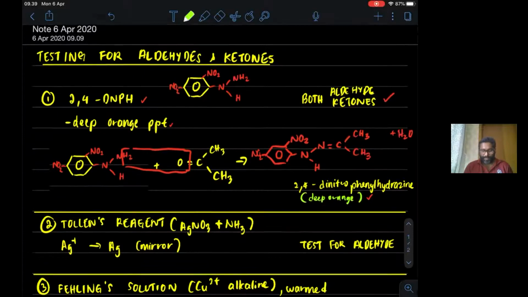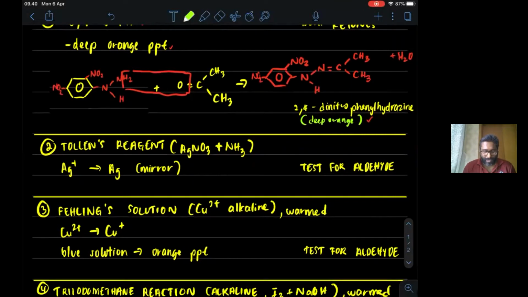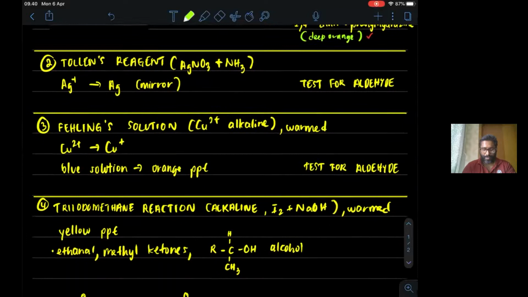Now, if you move on, there is Tollens' reagent. Tollens' reagent is a mixture of silver nitrate and ammonia. The reaction is a test for aldehyde. The reaction is basically silver ion changing into silver.